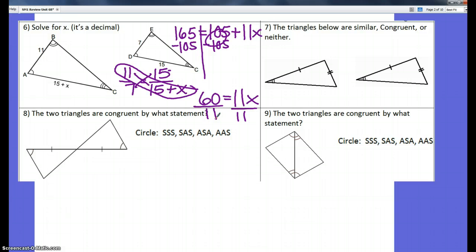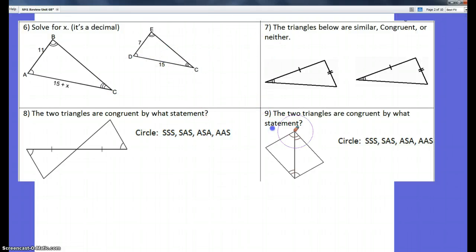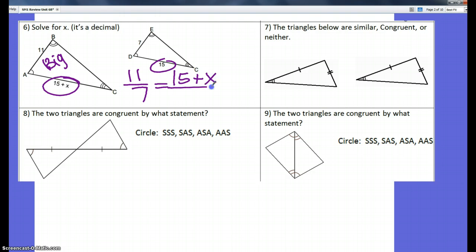Where am I? Hold on. 11 compares to 7. Oh, I set this up wrong. Don't listen to what I say. Reverse. Okay, sorry. 11 compares to 7 as this compares to this. I went big to small, so it's got to start with big again. So 15 plus x over 15. 11 times 15 is 165, and we're distributing the 7, so we get 105 plus 7x.